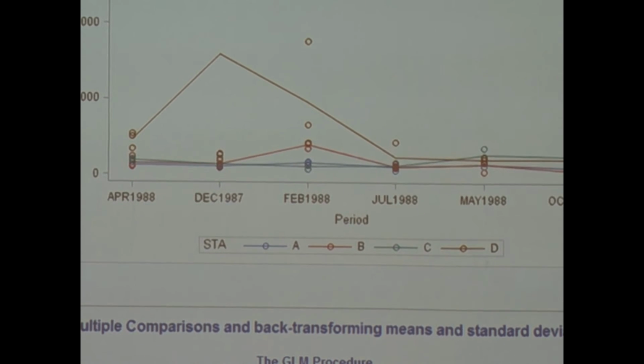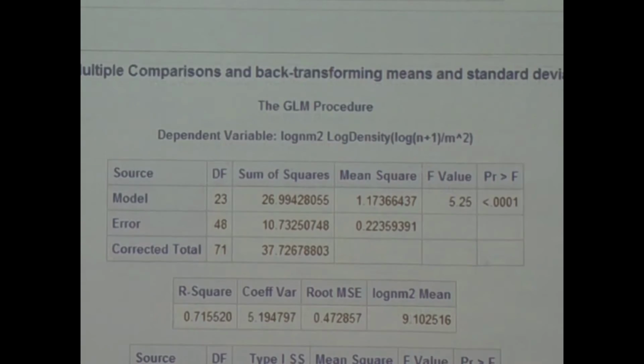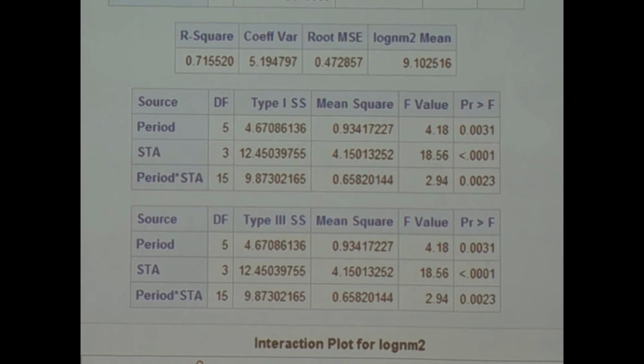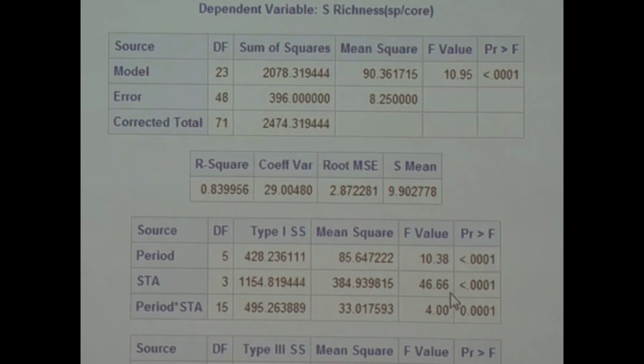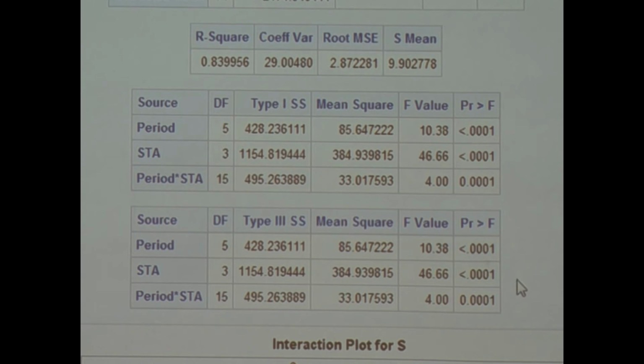There's your interaction, but that's not significant. For lot number per meter squared, it is significant. For richness, it is significant. So let's just work with the richness variable.